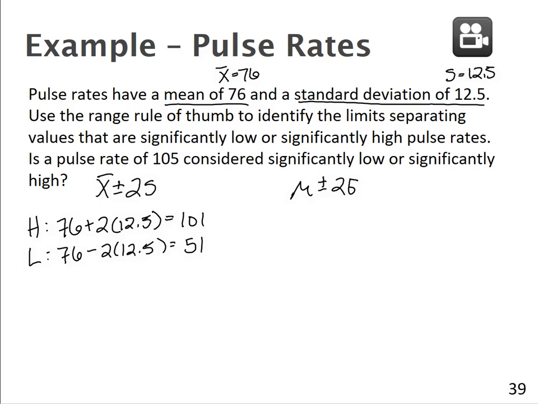Now that we have that, we can determine if a pulse rate of 105 is considered significantly low or significantly high. So I'm going to draw a number line. I'm going to put my mean x bar of 76 in the middle.